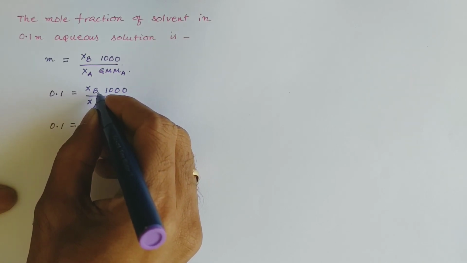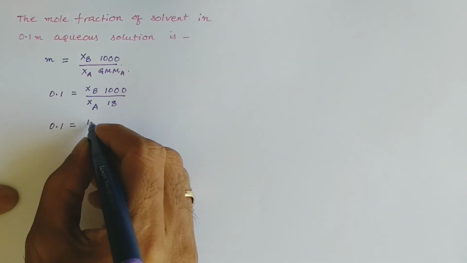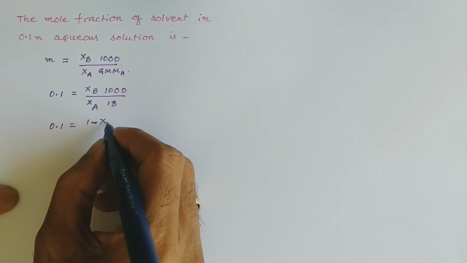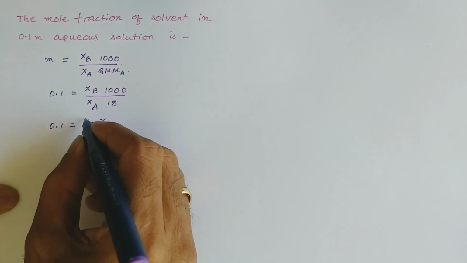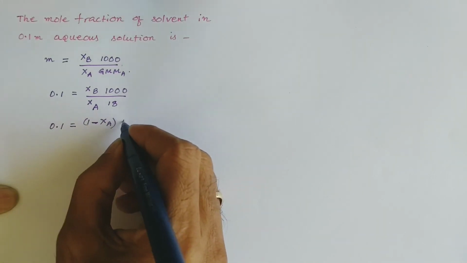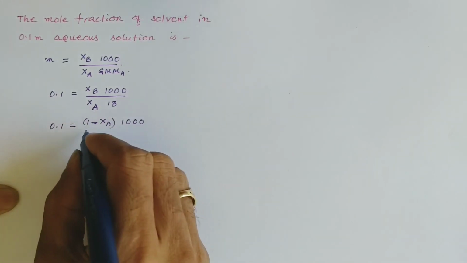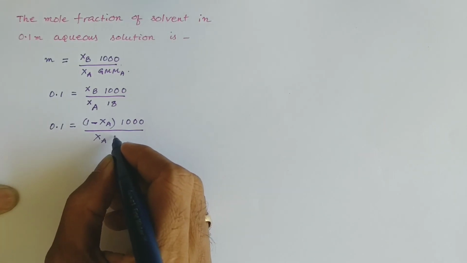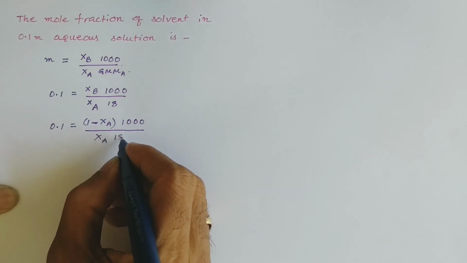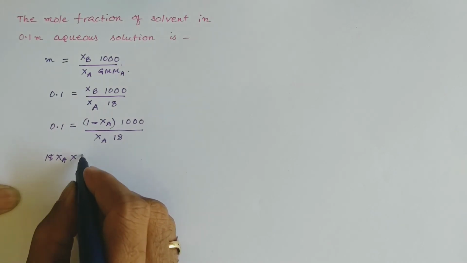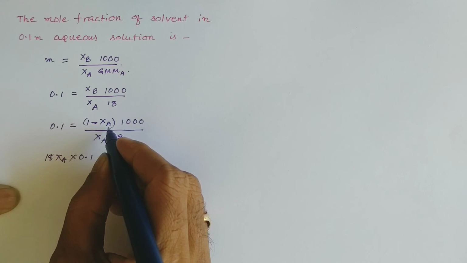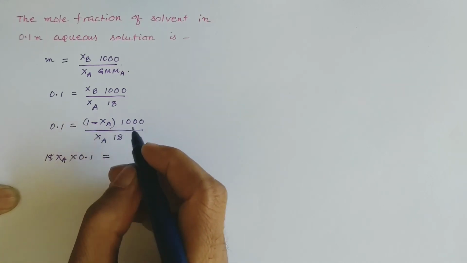So here 0.1 is equal to xb. This is mole fraction of solute. It can be written in terms of mole fraction of solvent. xb is equal to 1 minus xa, right? Into 1000 divided by xa into 18. 18 xa into 0.1 is equal to 1 minus xa into 1000.